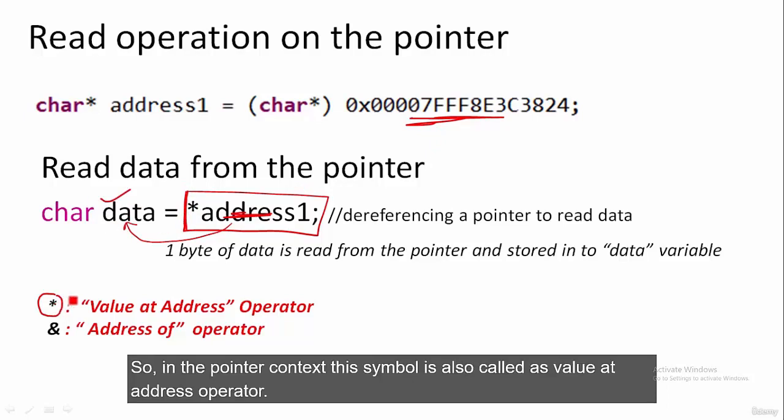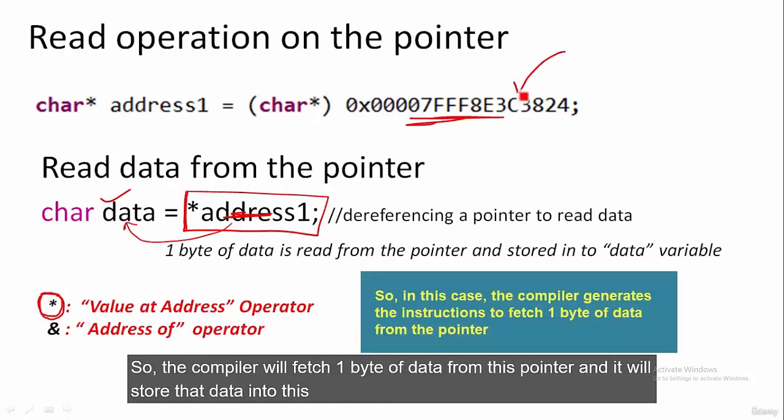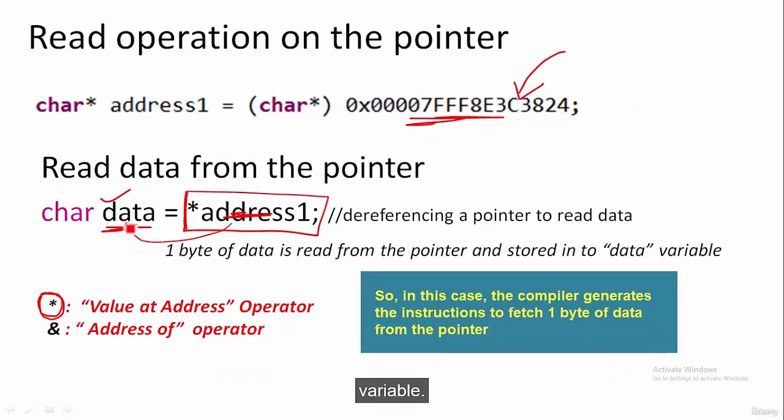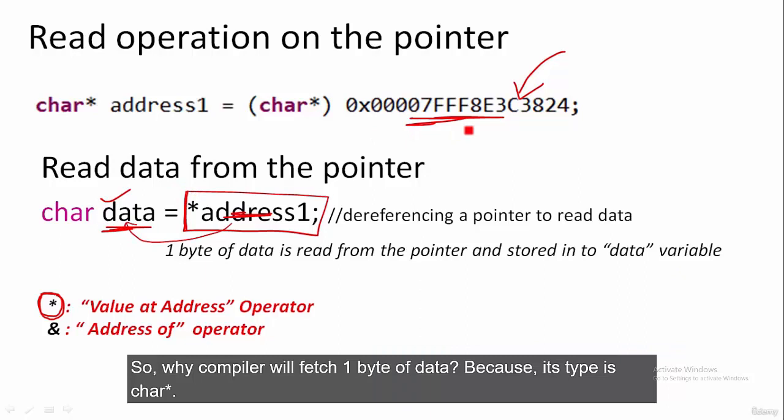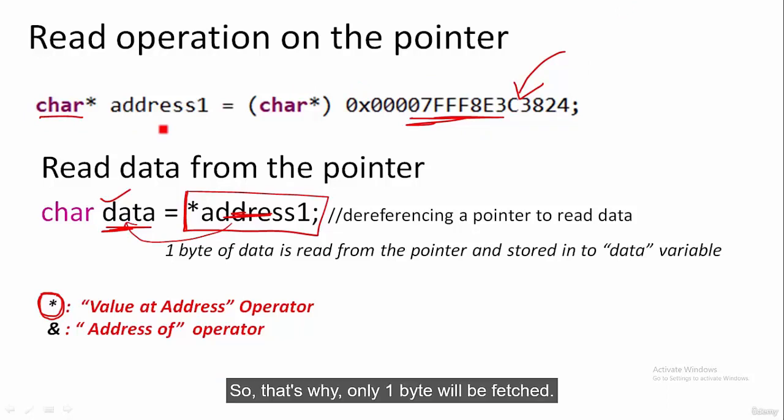In the pointer context, this symbol is also called the value at address operator. The compiler will fetch 1 byte of data from this pointer and store that data into this variable. Why will the compiler fetch 1 byte of data? Because its type is char star. That's why only 1 byte will be fetched.